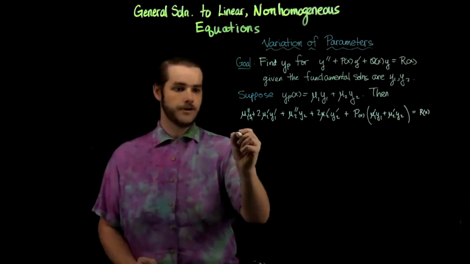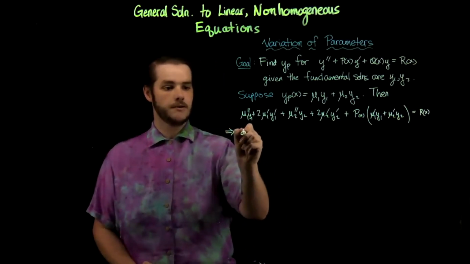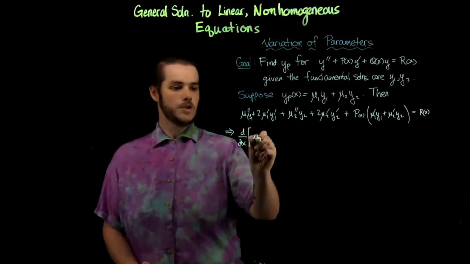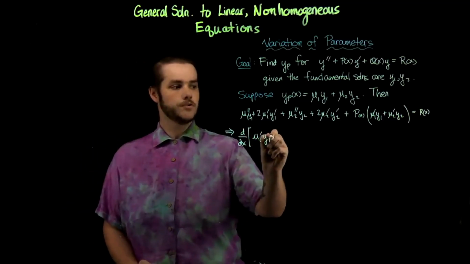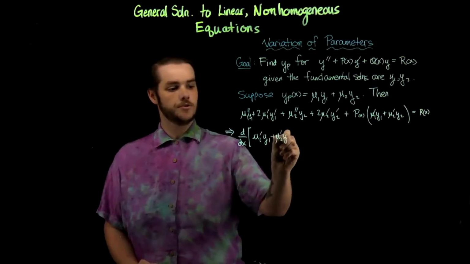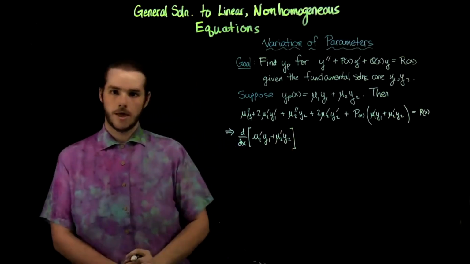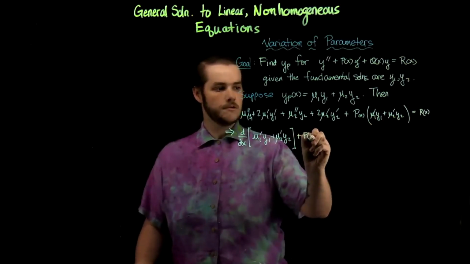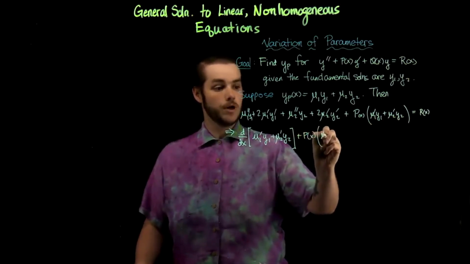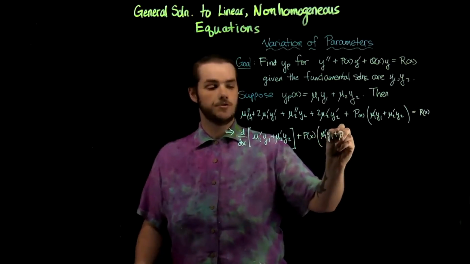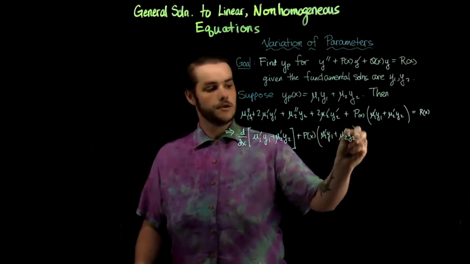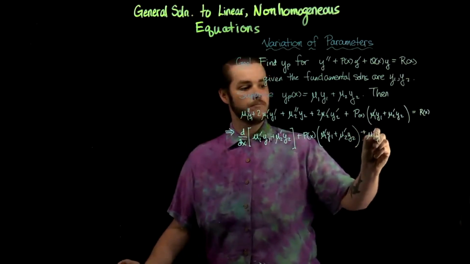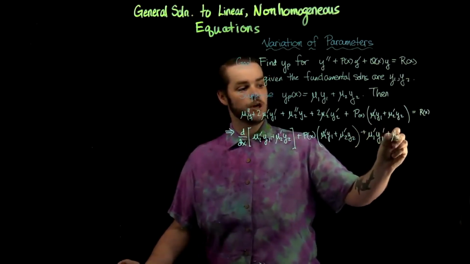So I'm going to simplify the left-hand side by writing that this is the derivative with respect to x of mu1 prime y1 plus mu2 prime y2. And what do I have left over? Well, I've still got that p of x times mu1 prime y1 plus mu2 prime y2. And then I also have an extra mu1 prime y1 prime plus mu2 prime y2 prime.